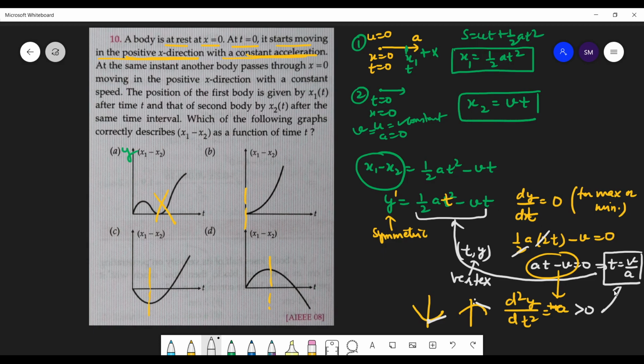So it means this point is what? Minima. Yes, minima. So you can see that in these two graphs you have minima, this and this. So this cannot be the graph. Is this clear, students?